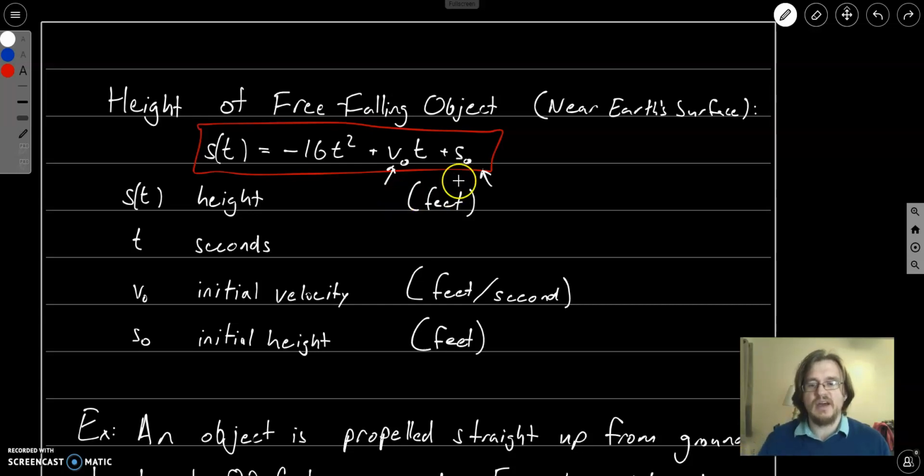It's going up, and the initial height of the baseball will be however high I'm reaching up when I let go. It's not going to be at 0, which would be right at the ground. If we were throwing this up off the top of a building, we would be up higher yet. So this is just the initial height of the object, and v naught is the initial velocity.